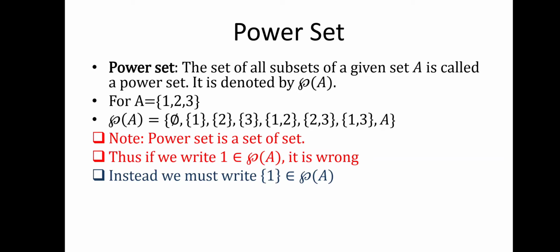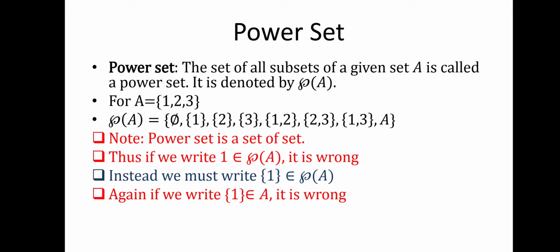So therefore I can write {1} belongs to power set of A, not only 1, right? Once again, if I write the singleton {1} belongs to A, obviously it is wrong, because the set cannot belong to the set A.